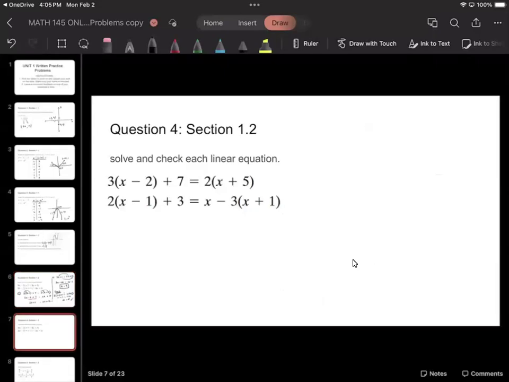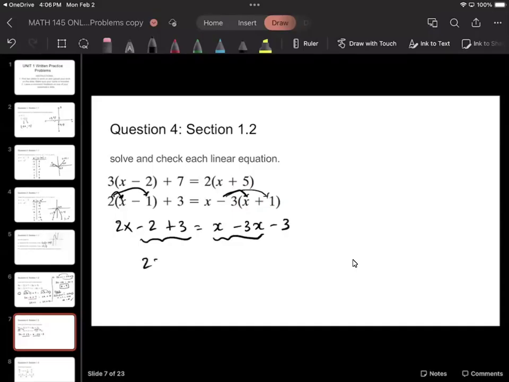So next one is this one. So I'm going to distribute. So I have 2x minus 2 plus 3 is x minus 3x minus 3. So here you're distributing the negative 3 to both terms, right? So you have to be careful. Now combine these two like terms and combine these two like terms.